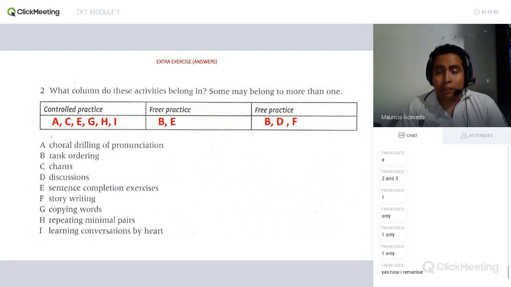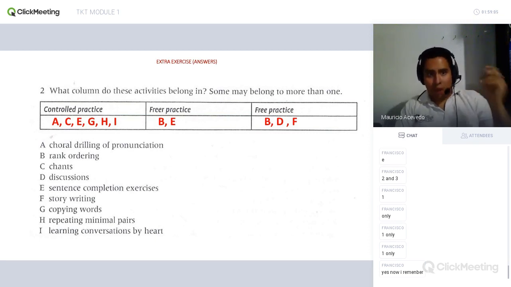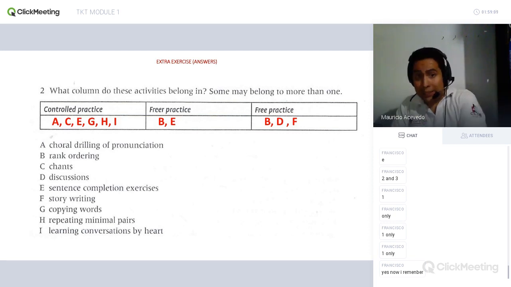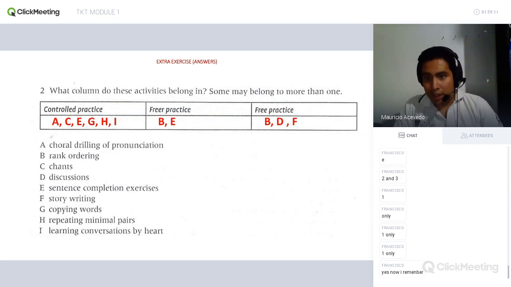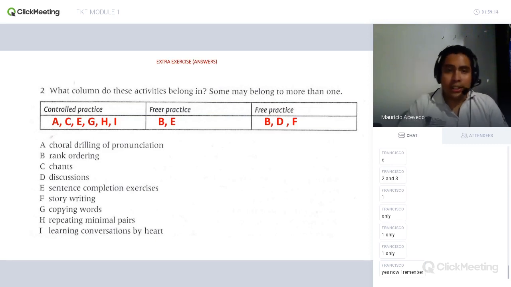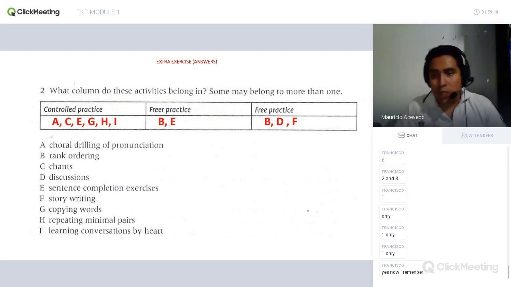It will be a total free practice if you say, now write sentences, because that's totally free, not sentence completion. Write sentences about yourselves. So these are the answers. So we just got like 2 or 3 mistakes, which is good. And I'm very happy for the result, Francisco.